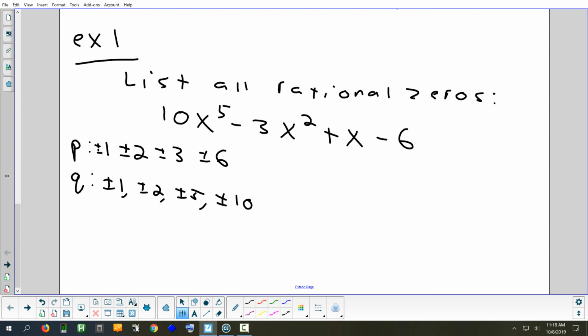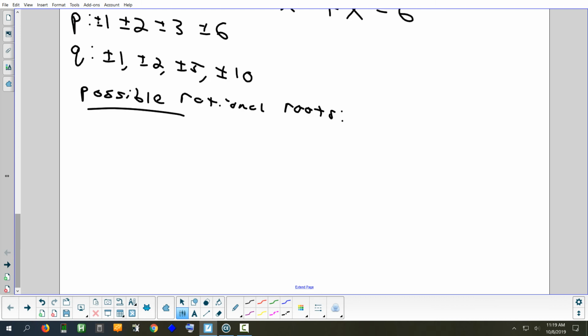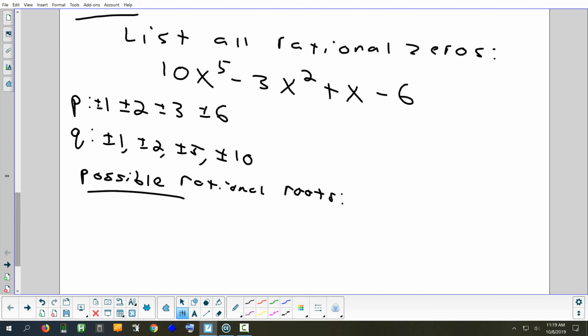So what we're going to do is write down possible rational roots. Again, possible. We're going to write down every p divided by every q. I'm going to start with 1. I could have 1 over 1. I could have 1 over 2.